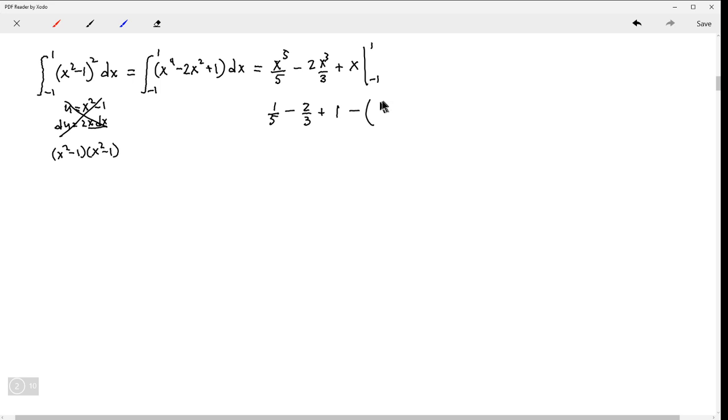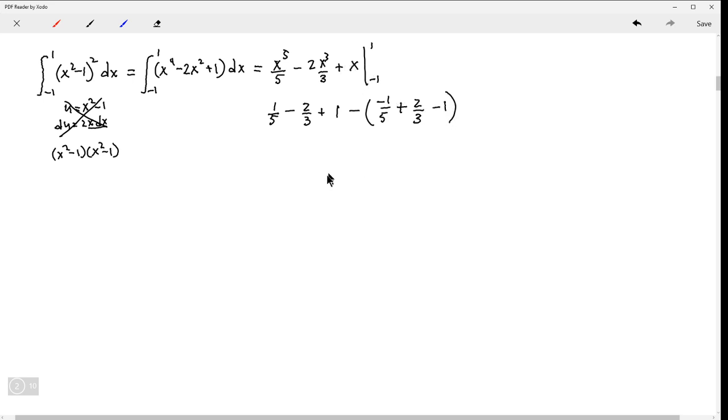Remember, odd exponents preserve the sign, so that is negative 1/5, minus negative 1 to the third, which is going to be negative 1, so that's going to make that a plus 2/3, and then plus a negative 1, which is going to be minus 1.